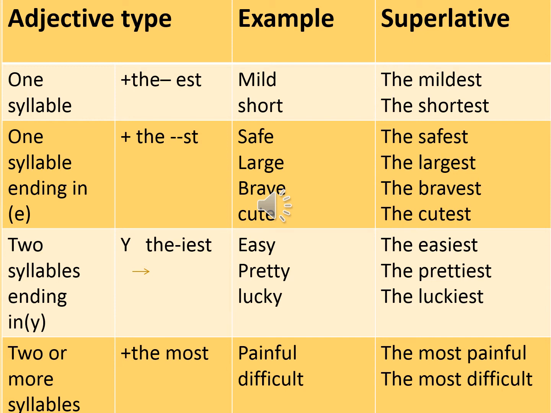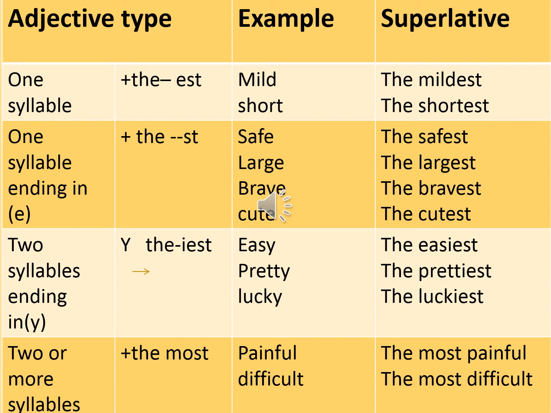Y becomes i, then we add est. For example, easy, the easiest. Pretty, the prettiest. Lucky, the luckiest. If the adjective has two or more syllables, we add the plus most before the adjective.